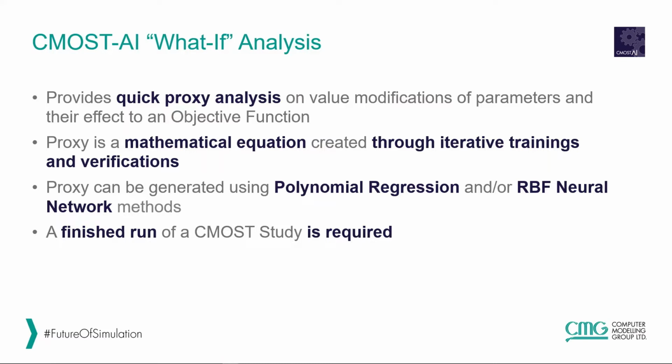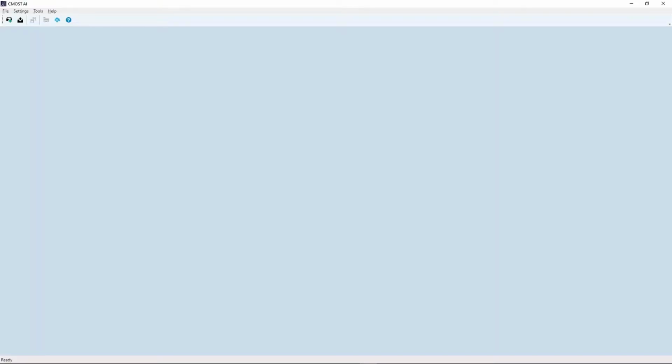So now let's turn to CMOST-AI. And as we can see here, this is what you would see when you open CMOST-AI from CMG Launcher. For this demo, I will open an existing finished project from one of our courses.